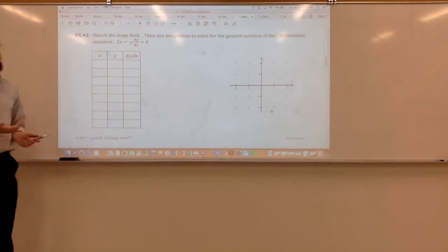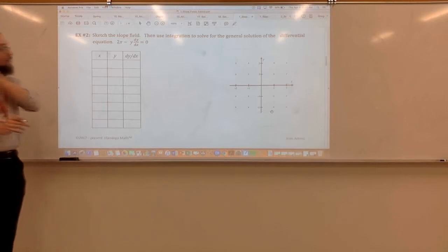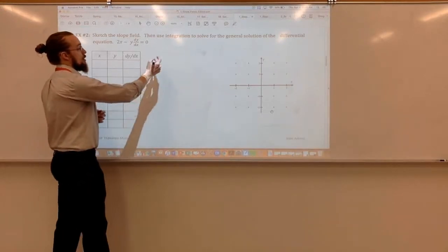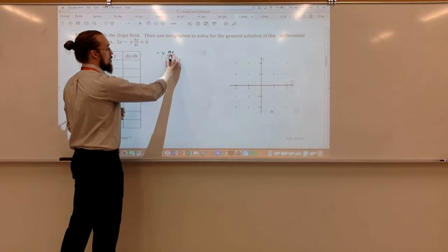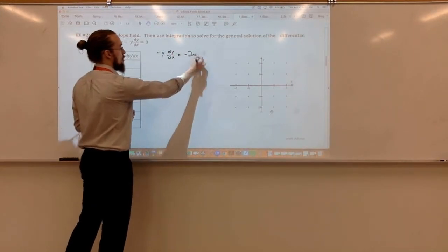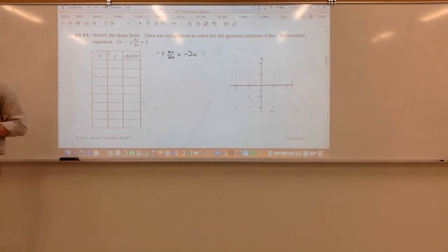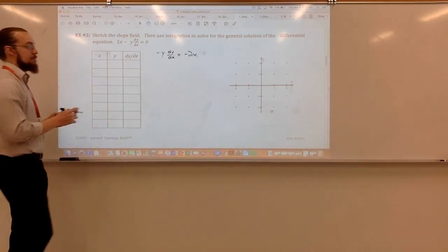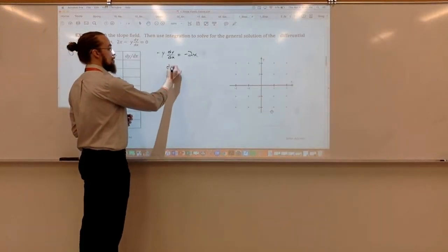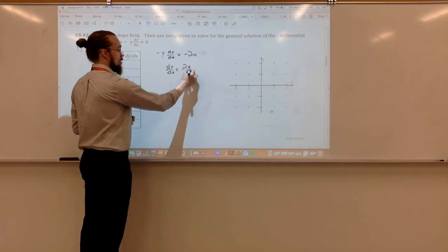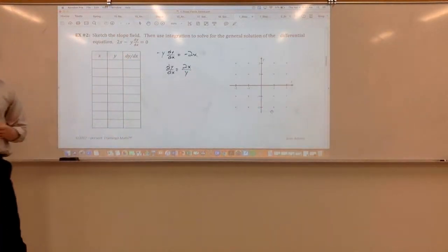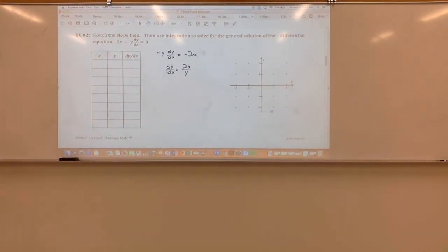We need to solve this for dy/dx. Well, subtract the 2x over, divided by negative y. So we get that our derivative is 2x over y.